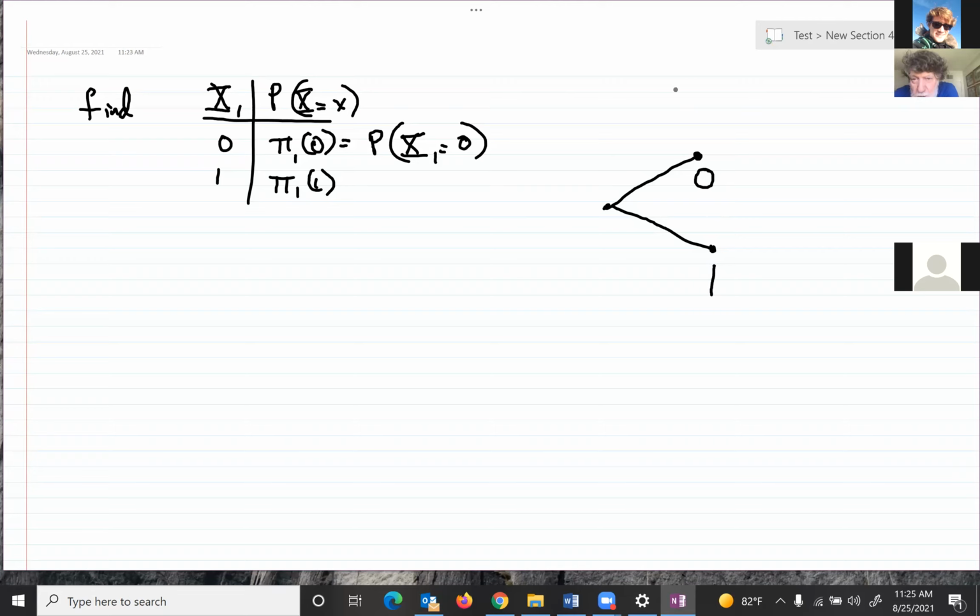And this would be the initial day. And then after that, the next day, which is what we're calling day 1, the machine's either broken or working as well. Same thing here.